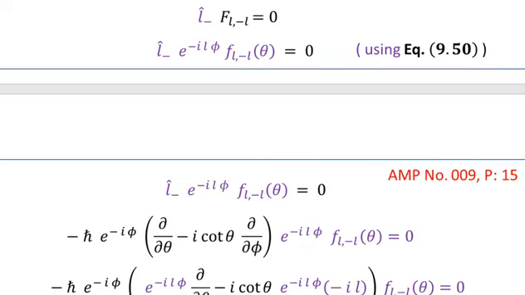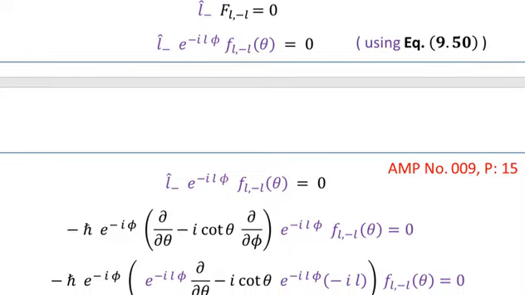So now you can put in the value of the L minus lowering operator from equation number 52, which is this value. Of course, it is operating on e to the power minus i L phi and on the small f L comma minus L as a function of theta.